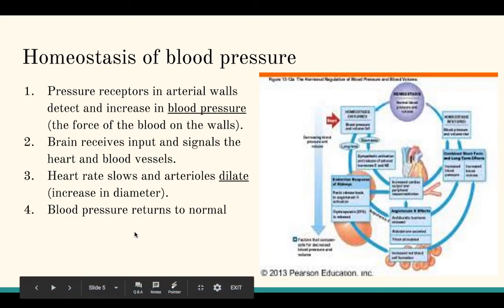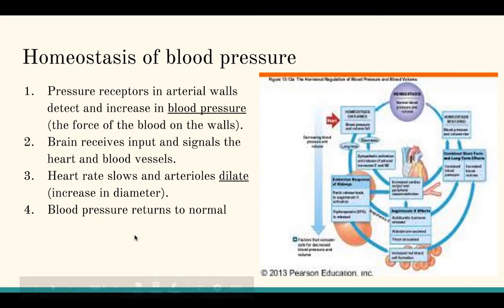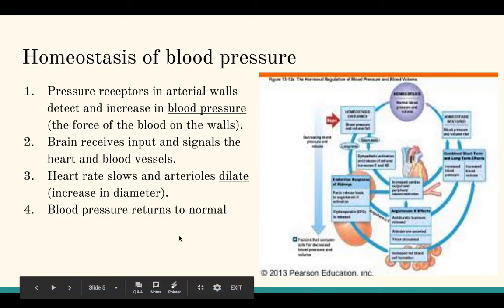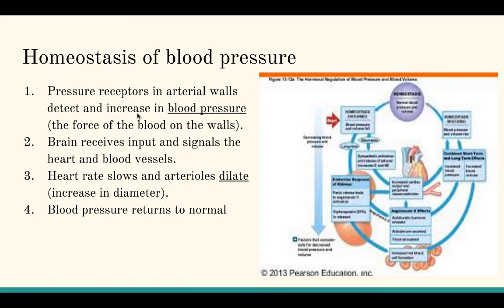Looking at blood pressure, this is a really bad image. It didn't look that bad earlier. Anyway, we have pressure receptors in the arterial walls that detect an increase in blood pressure, the force of the blood on the walls, which is what blood pressure is. The brain then receives the input and signals the heart and the blood vessels. Your heart rate slows down.